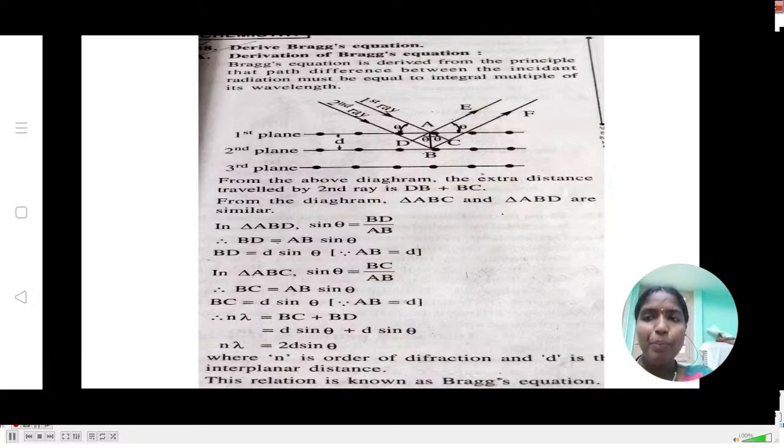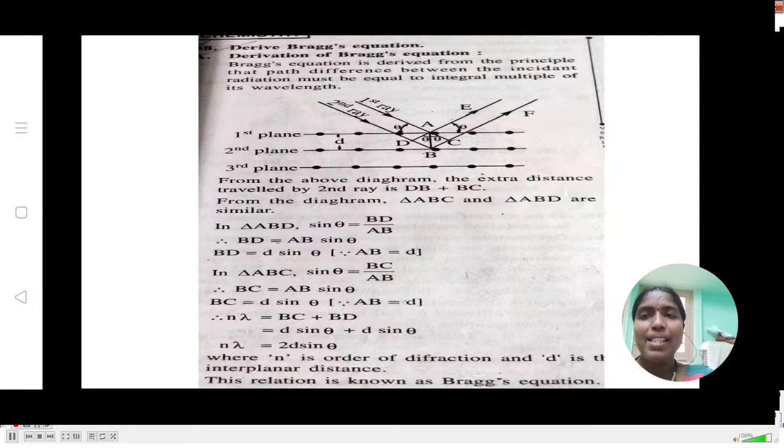So in triangle ABD, sin theta is equal to adjacent by hypotenuse, that is BD by AB.